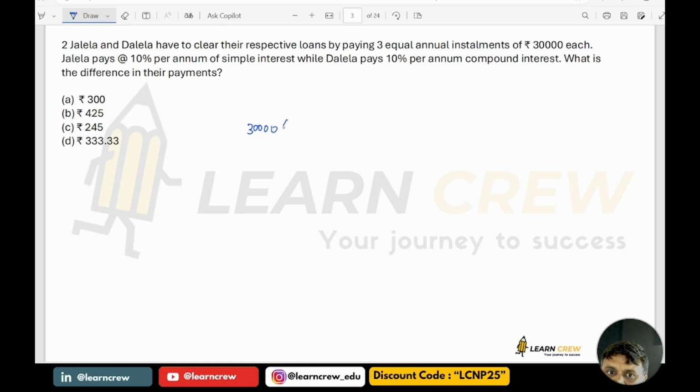So I can say it is 30,000 into 1 plus 10 by 100 whole square minus 30,000 into 10 into 2 by 100, because he has to pay simple interest here. For the first installment, there won't be any interest because it is paid on the very first day, right?